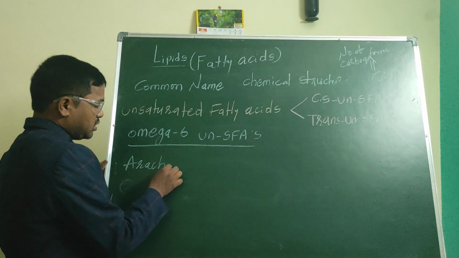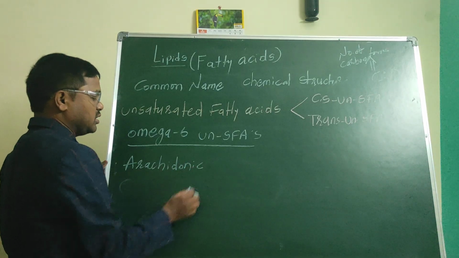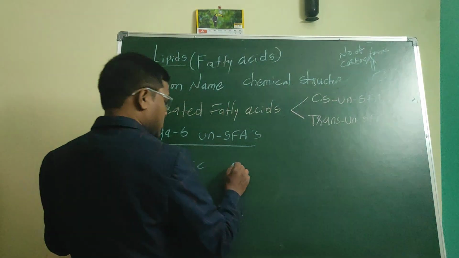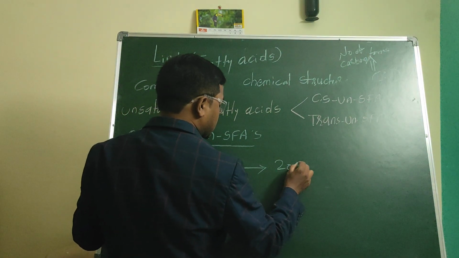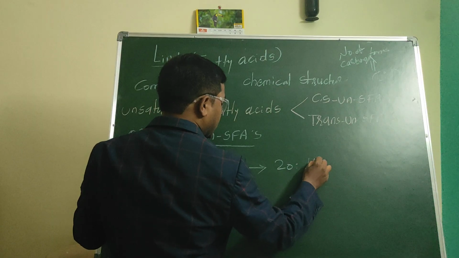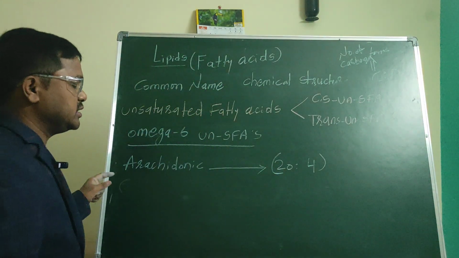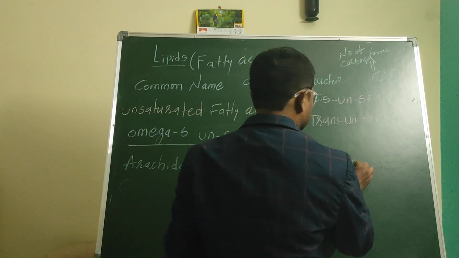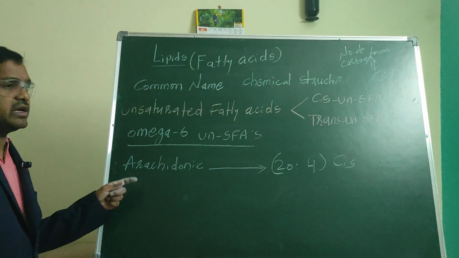The number of carbon atoms in arachidonic acid is 20 and the number of double bonds is 4, and this is a cis unsaturated fatty acid.